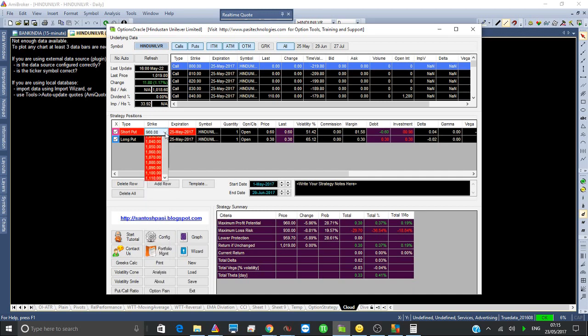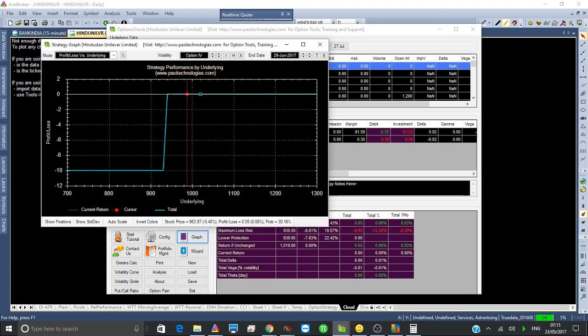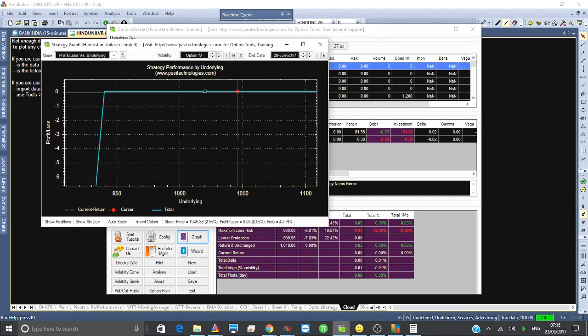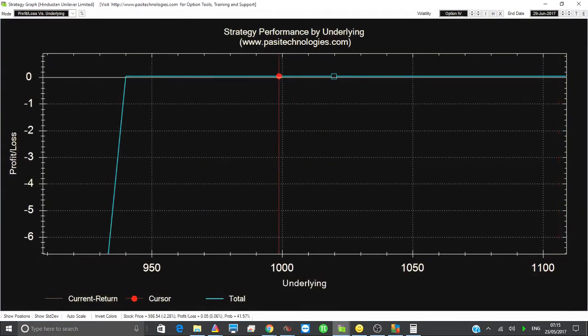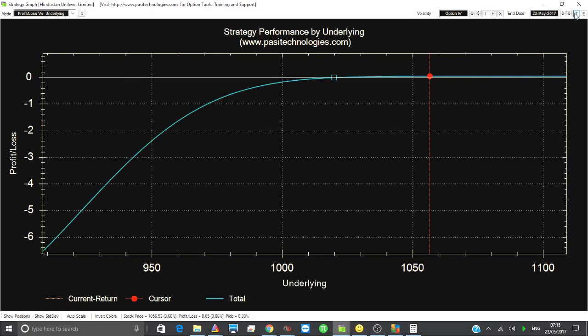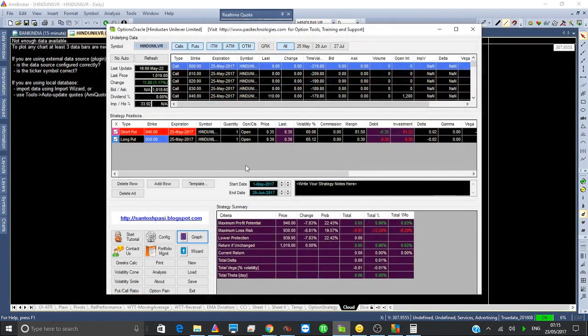I'm so sorry. So I do a 940 and 930. This is how it will look, 0.5, and then my today's loss at 950 is way too high. So again, this is not a trade that I want to be taking.